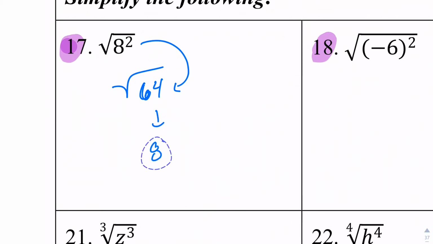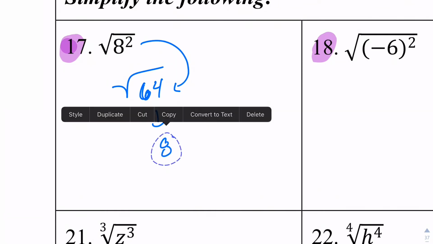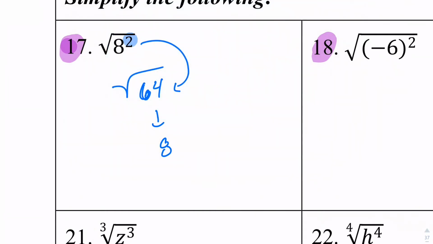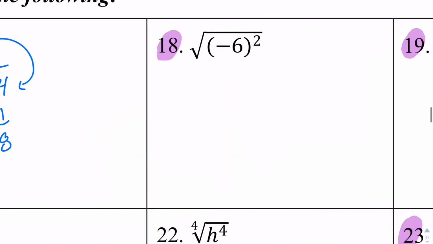Notice this answer is the same value that was right here. The reason for that is because this is a 2, and so is this. It's a square root. We don't write that 2 out there, but it's really there. And so those two values match. They're both 2s. And when that happens, we end up with, again, this number that we started with. We're going to see that as we work our way through this.